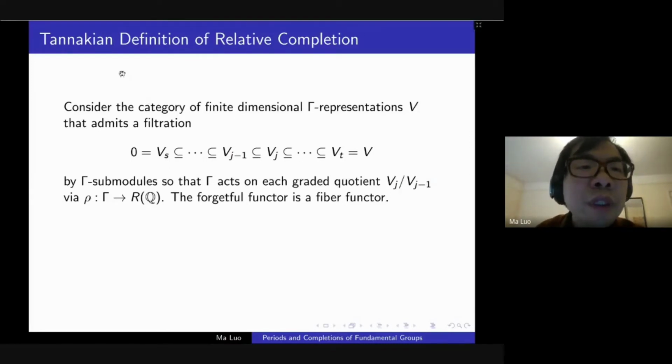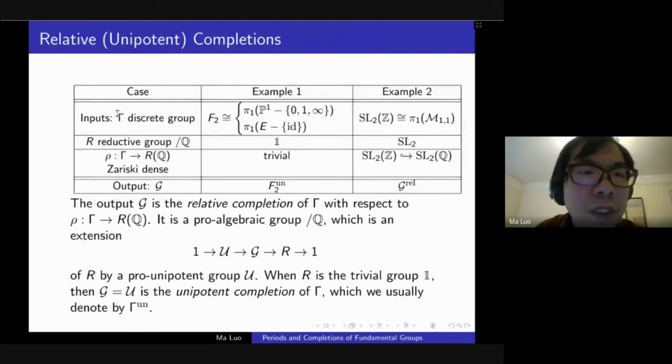I only told you the end result. Here's how you actually define the relative completion. Again, this is the Tannakian construction. Remember you have these inputs: a discrete group, a reductive group, and a homomorphism between these.